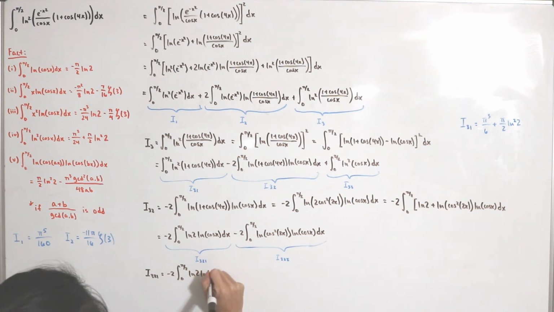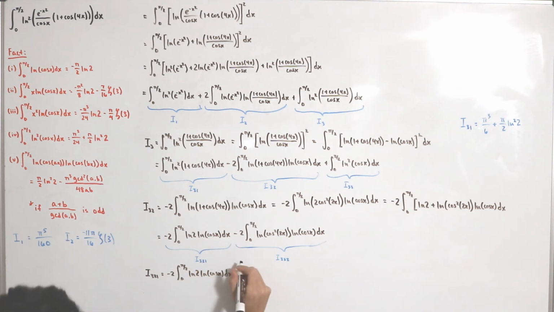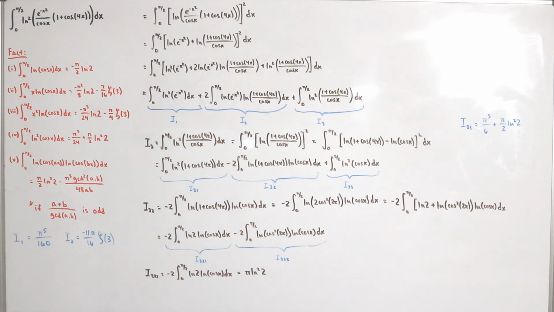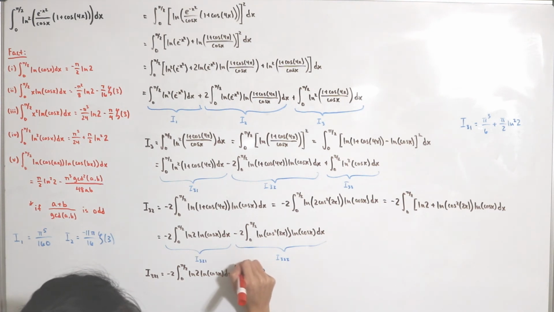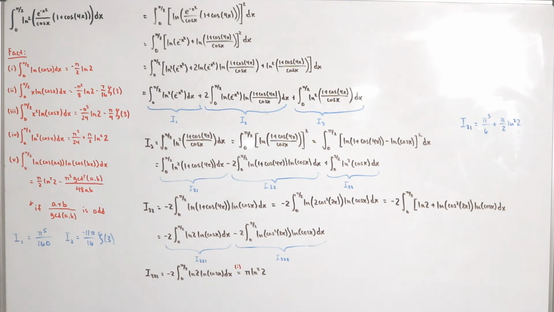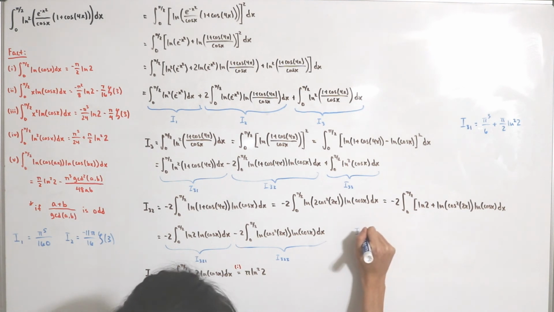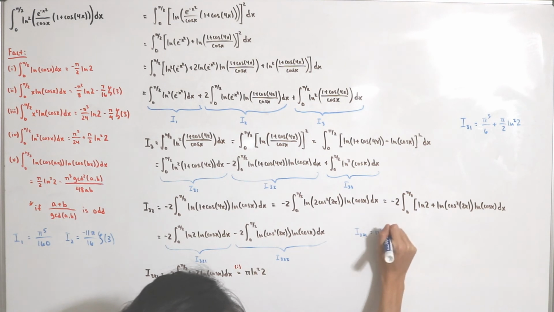That's simply, I skipped the steps, just equal to pi multiplied by ln squared 2, and that's justified by the fact that we use fact number 1 over here. Also, let me just write to the side over here that I sub 3, 2, 1 is equal to pi ln squared 2.